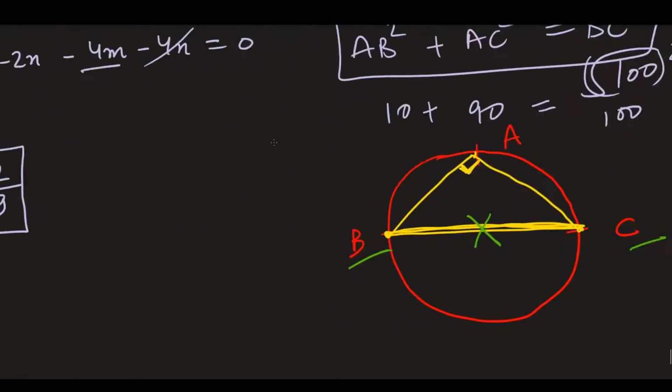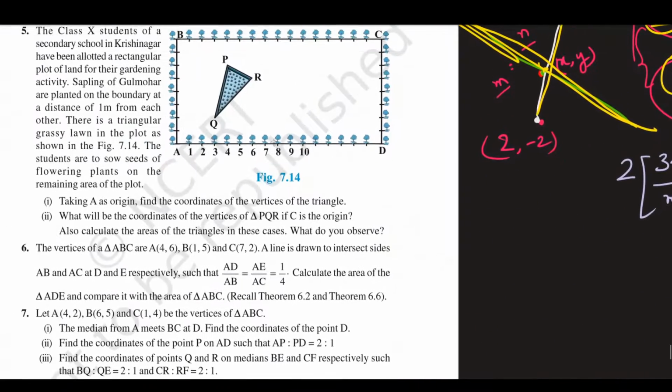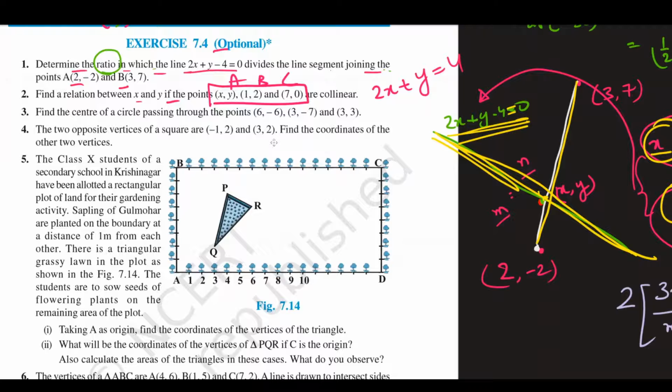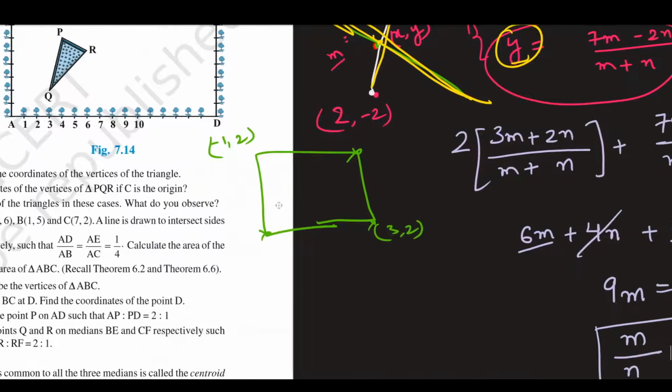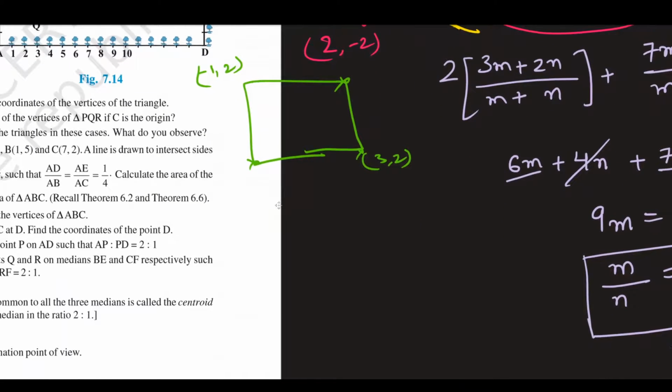Okay, so it is also a good question. Now question 4 says that the two opposite vertices of the square are given. It is an easy question, so you will be doing it like this. It is -1, 2. So remember that these are opposite vertices. Now we have to find the other two vertices. It is just a question of linear variables.